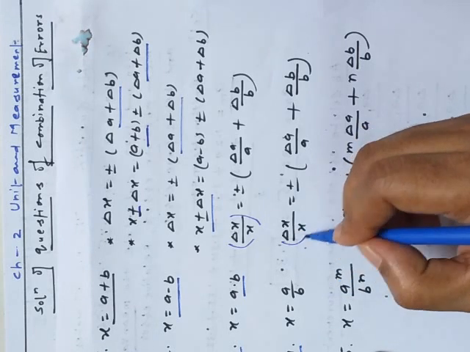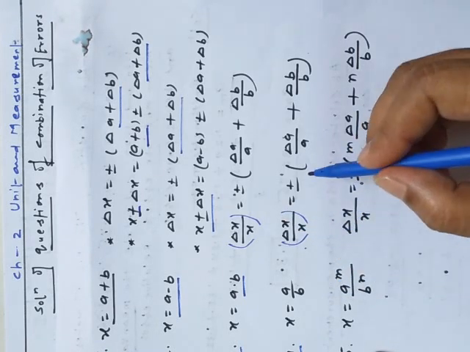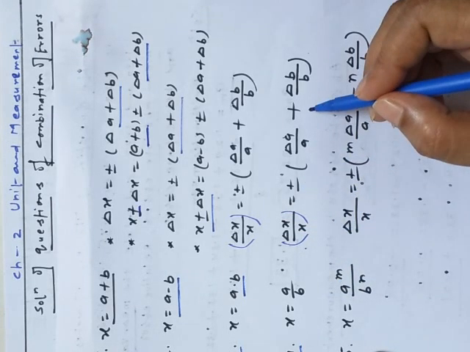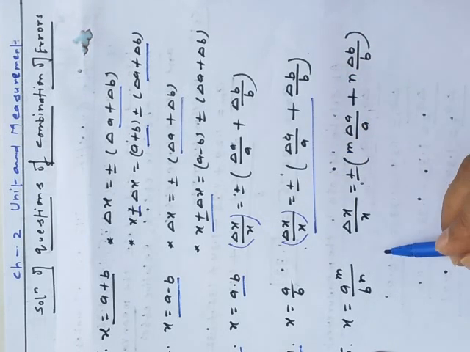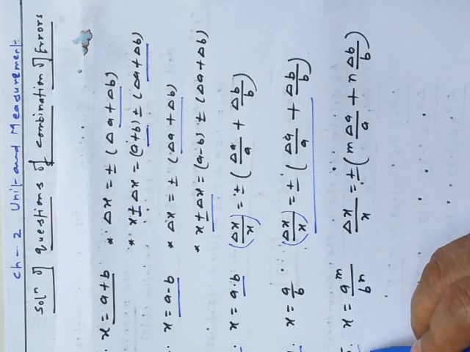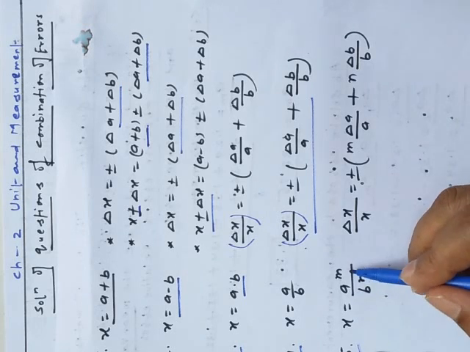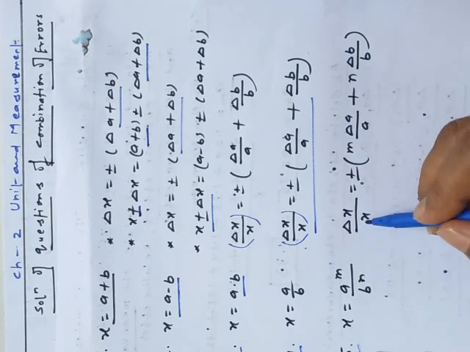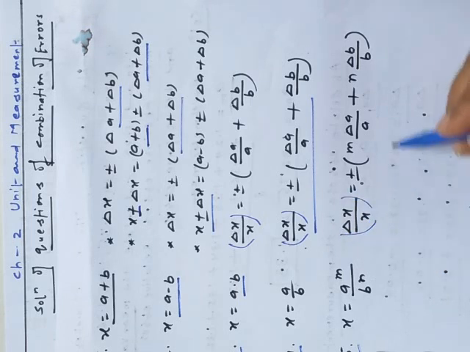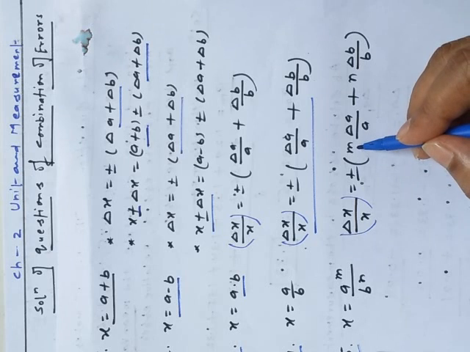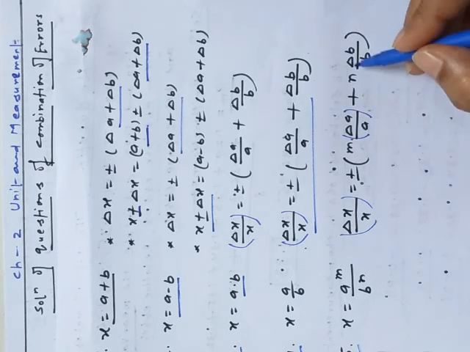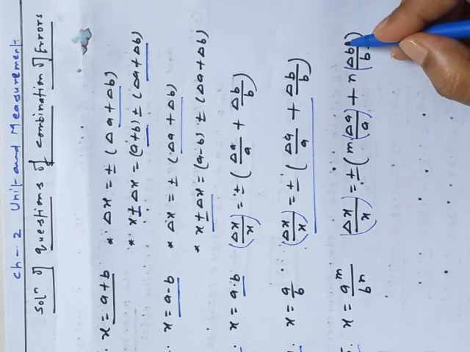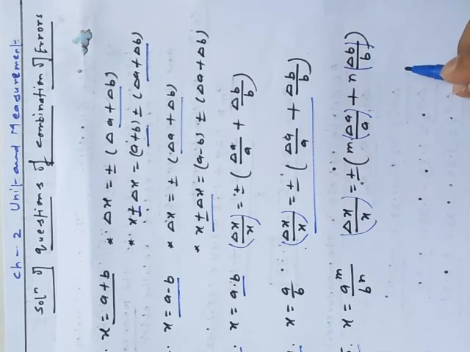Here we use the same formula, plus minus delta a upon a plus delta b upon b. And the last formula we have is x equal to a raised to m, b raised to n. For delta x upon x we use the general formula, multiplying the power m with the fraction delta a upon a, plus the multiplication of n with delta b upon b.